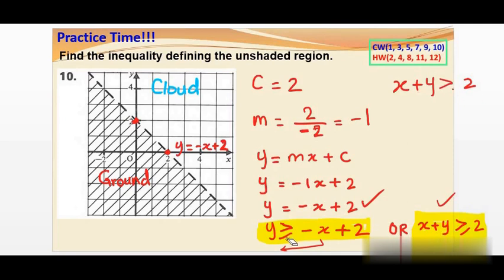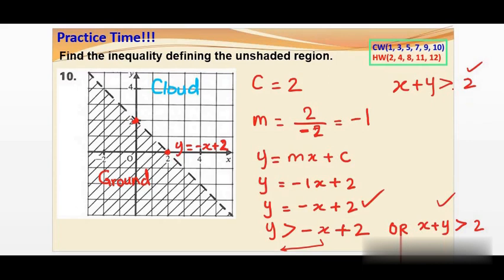Oh, it will not be equal to, because it is not an equal to case, it is only greater than because of the dotted line, right? So it will be x plus y greater than 2, and here y is greater than negative x plus 2. So this shows that sometimes we can save our time just by looking at these two numbers, and we can directly make the equation and the inequality.